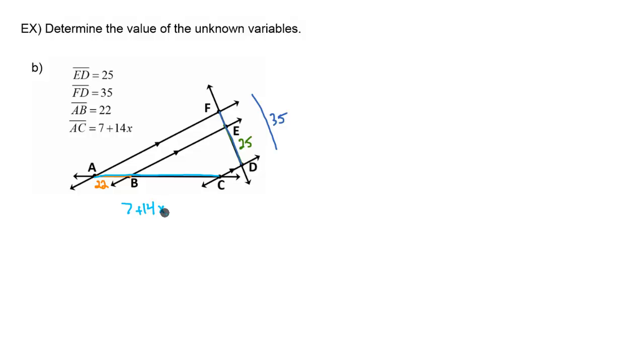Okay, so we want to set up a proportion to solve now. And I can see that I need to figure out what x is, right? So let's start off by writing the expression that has x, 7 plus 14x, and we're going to divide that by what? Well, the other side that I have over here is this little part, which is AB, right?